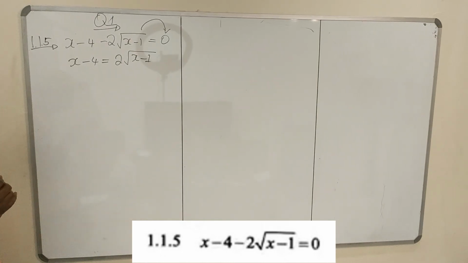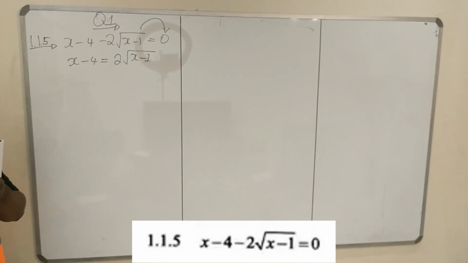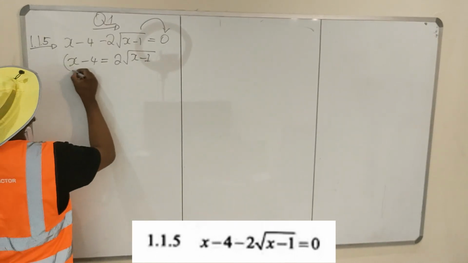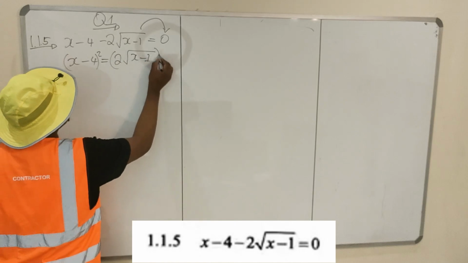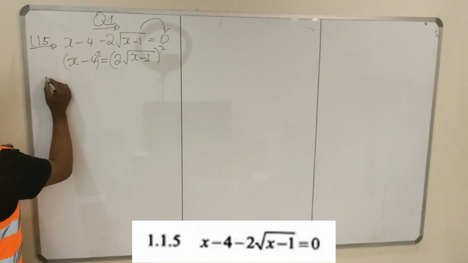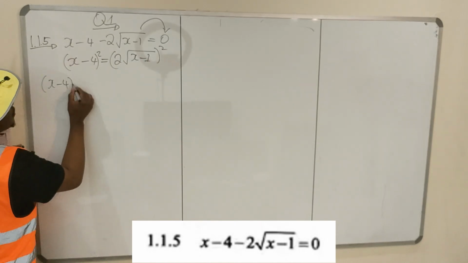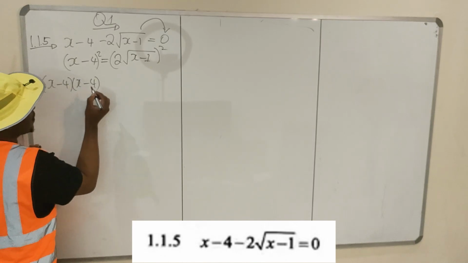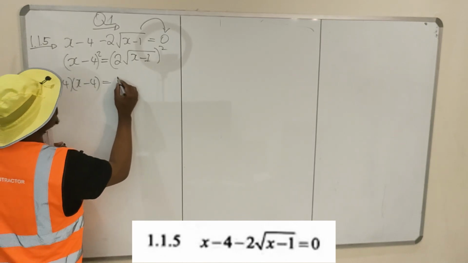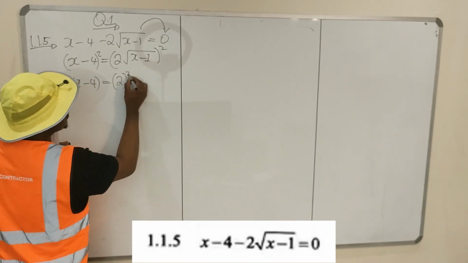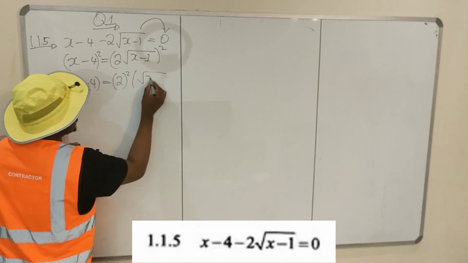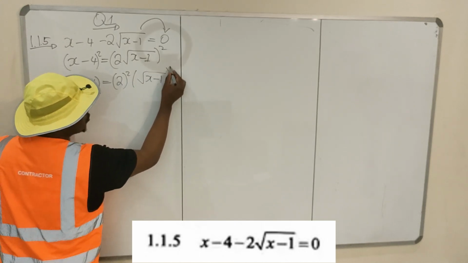Everyone happy? Yes. Then what do we do in here? We square both sides. This square, this square. So which means you have 2 brackets, x minus 4 times x minus 4 multiplying each other, is equal to 2 raised to 2 and x minus 1 all squared.